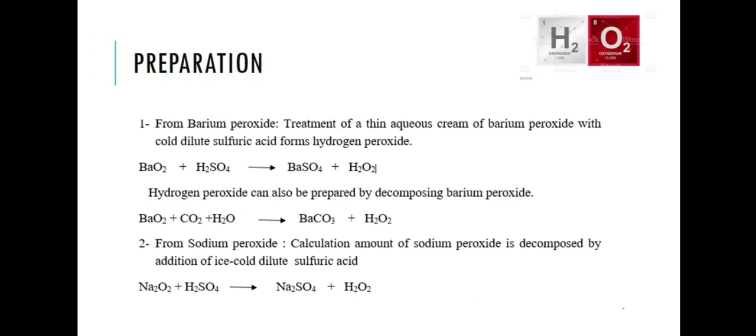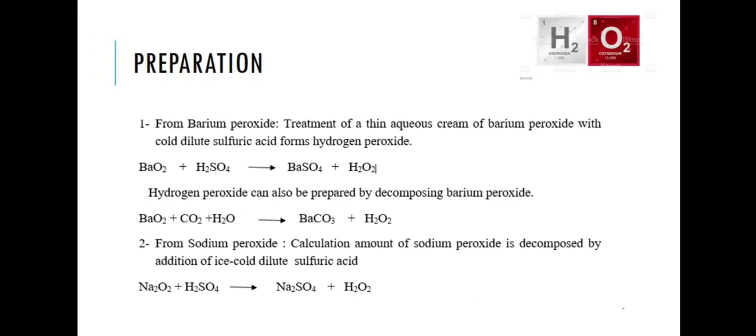So BaO2 plus CO2 plus H2O gives BaCO3 plus H2O2, or 3BaO2·8H2O plus 2H3PO4 gives Ba3(PO4)2 plus 3H2O2 plus 2H2O.